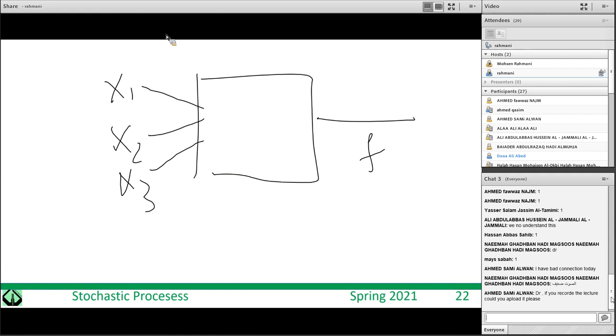Okay, I was talking about neural network. In a neural network also, I have to guess a function.